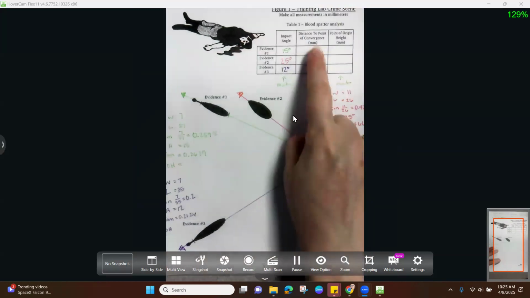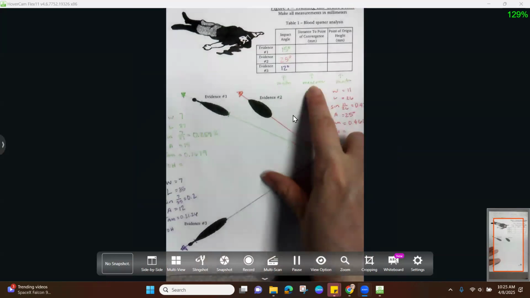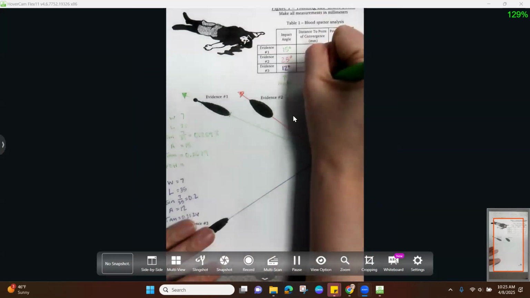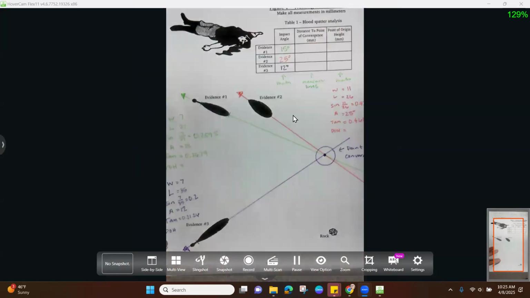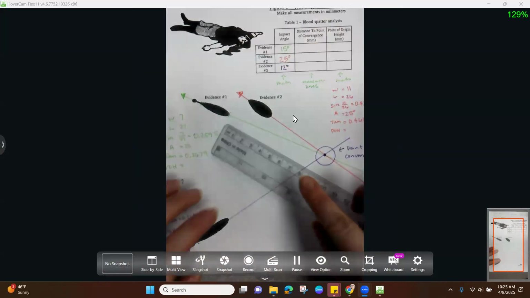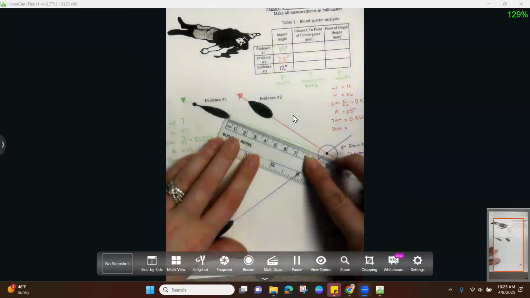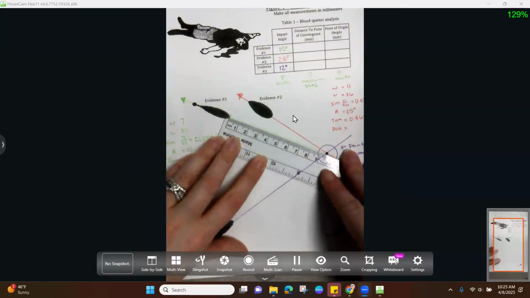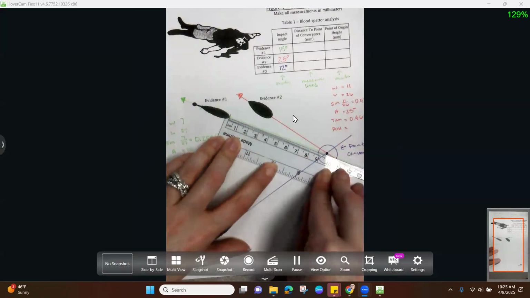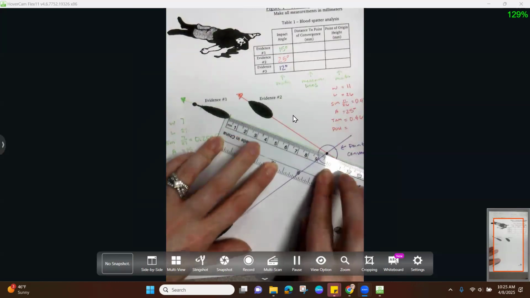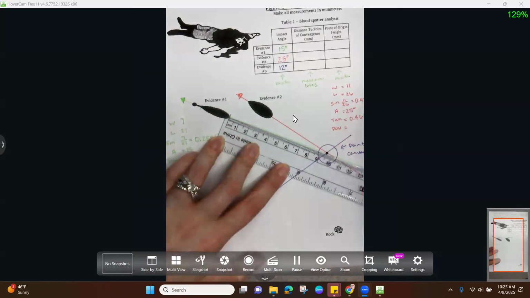Now we have to find the distance to point of convergence, and you're going to measure the lines. So you might make yourself a note there. You're going to measure the lines. So we'll go from the front of the blood drop to the point of convergence. So from here to there, we are at 96 for blood 1.